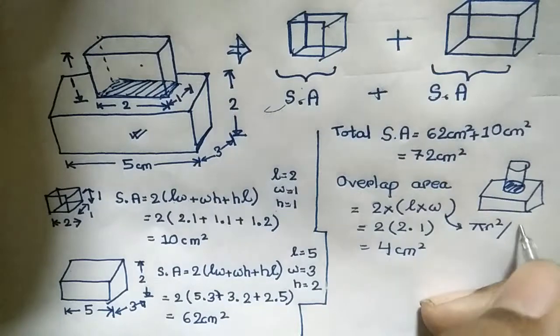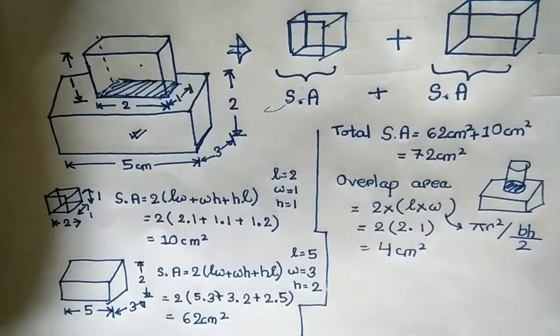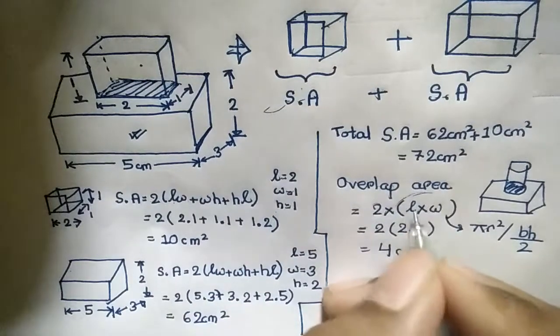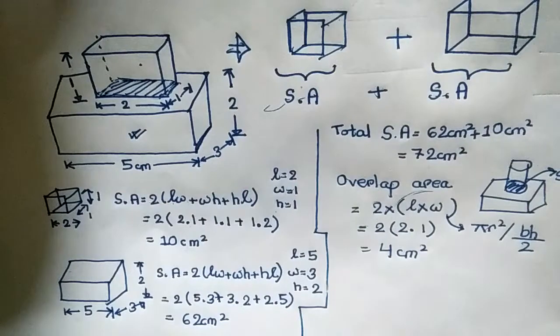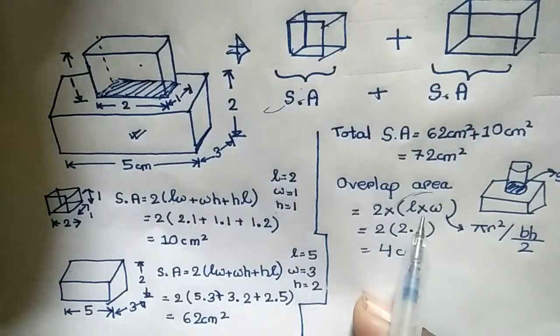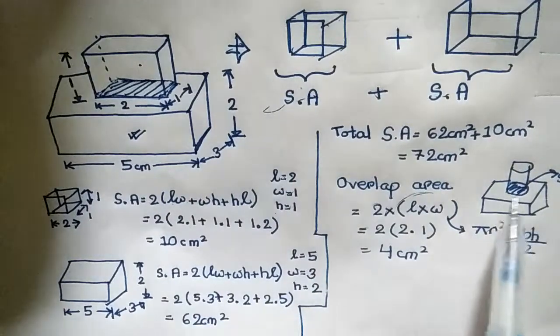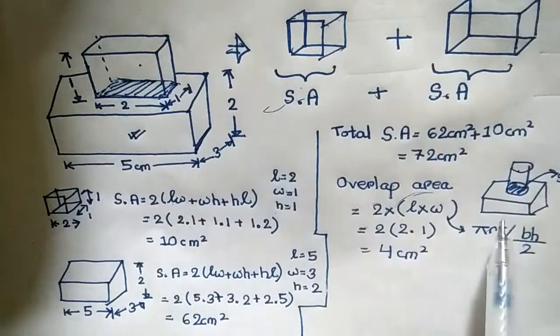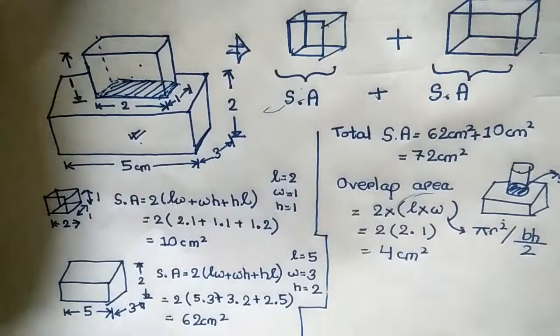If it was a triangle, we would have used base times height divided by 2. So basing on the shape that the overlapping area is creating, we have to figure out which formula to use over here and multiply by 2 each time, because the overlapping area is present in both the cylinder as well as the box, or the box over here and the box at the bottom.